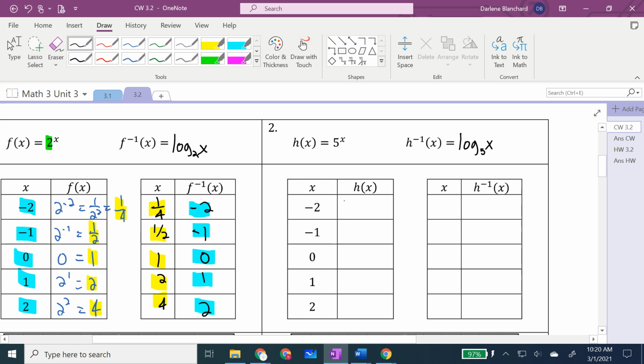And then 5 to the negative 2 means 1 over 5 to the positive 2. 5 to the negative 1 is 1/5. 5 to the 0 is 1. 5 to the 1 is 5. And 5 squared is 25. And then do the inverse by swapping the x and y's.